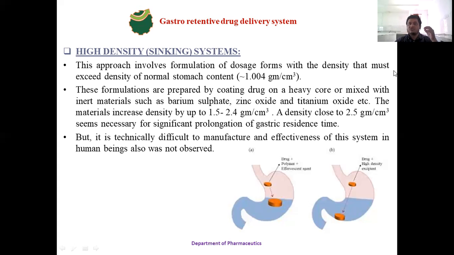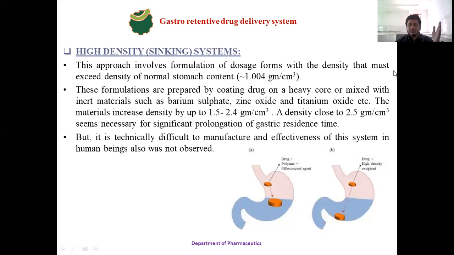Then preparation of microballoons, then using hydrophilic polymers to make a gel, meaning a hydrocolloidal gel, or using a method by which we can make a microporous membrane system. So by using various methods without effervescent components, we can prepare a system which will float in the gastric fluid, or you can say in the stomach.